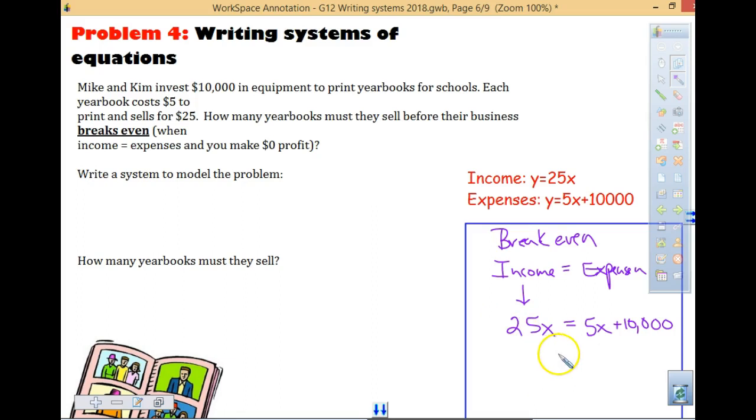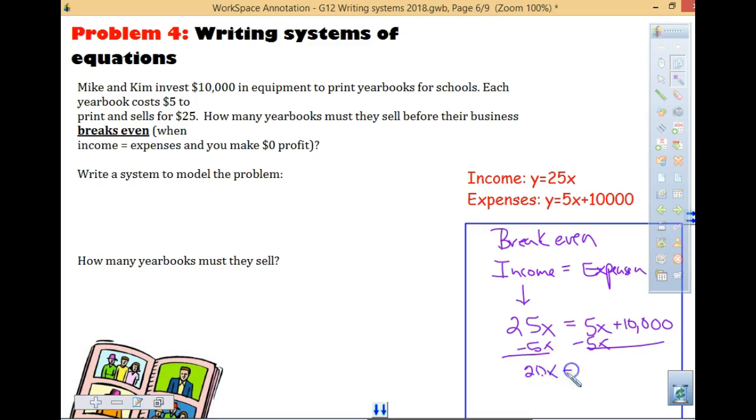If I want to get rid of 5x, what do I have to do? How do I get rid of 5x on this side of the equation? Minus 5x. After I do that, I'm going to be left with what? 20x equals 10,000.